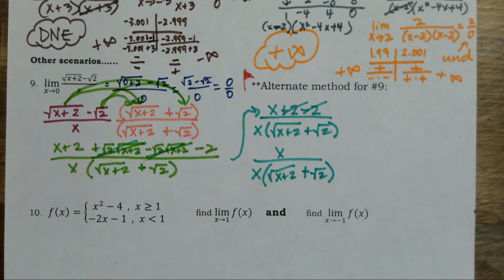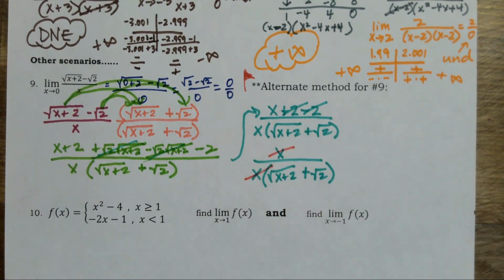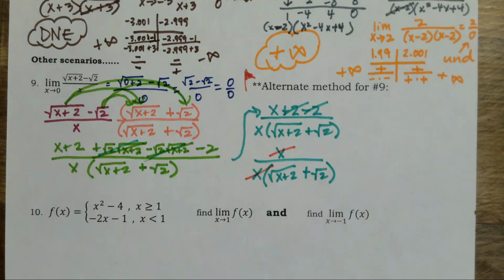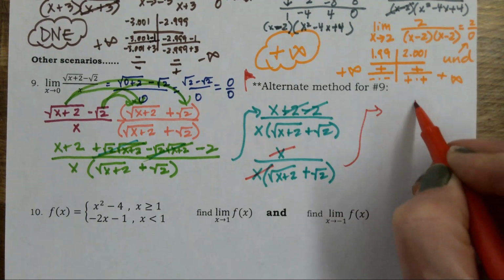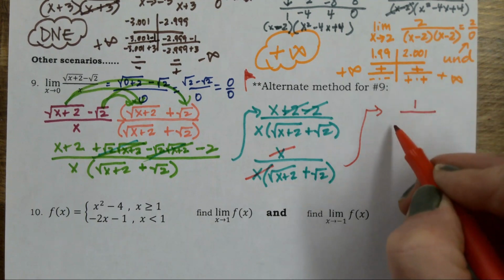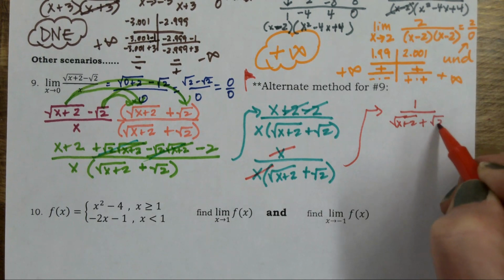And now I can see the issue, and that's that single x. So that leaves me with 1 over the square root of x plus 2 plus the square root of 2.